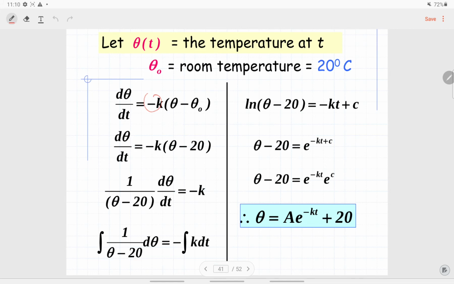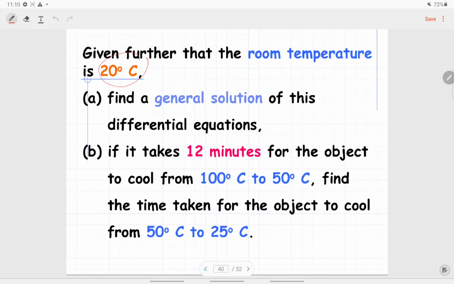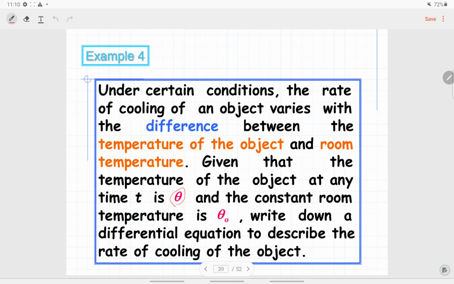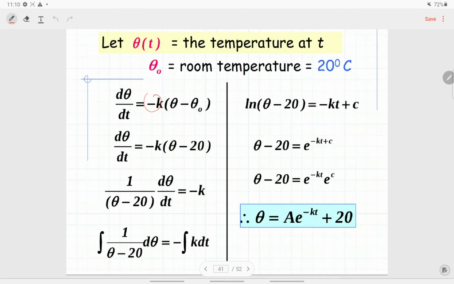d theta over dt, okay, the cooling is the decrease of the temperature, so it will be negative. Theta minus room temperature. Theta is the temperature of the object, and theta naught is room temperature, so we must minus theta naught.